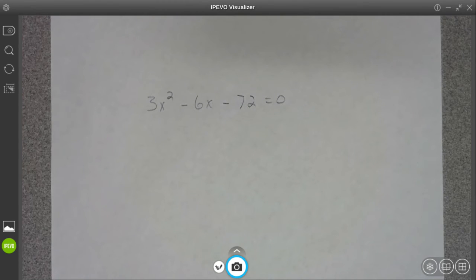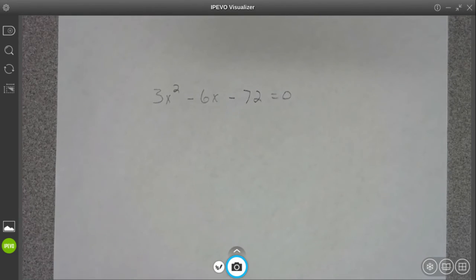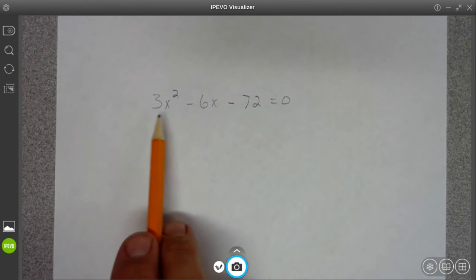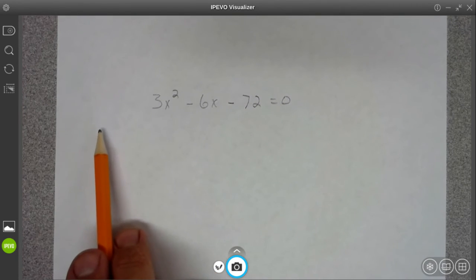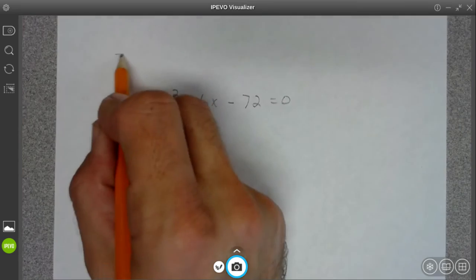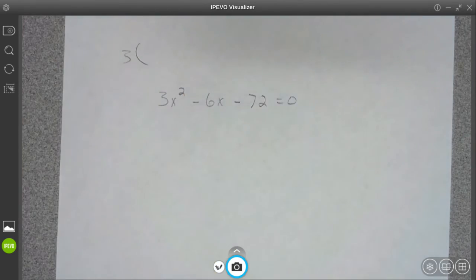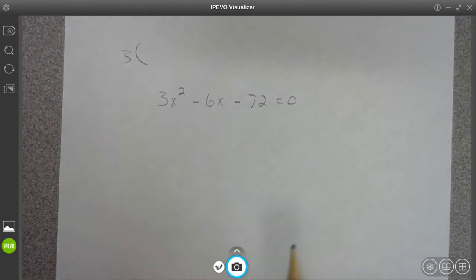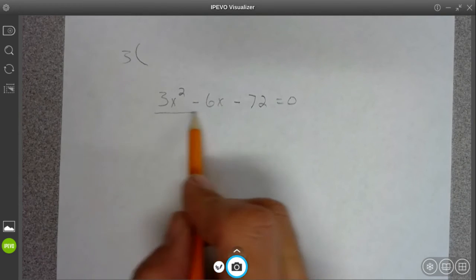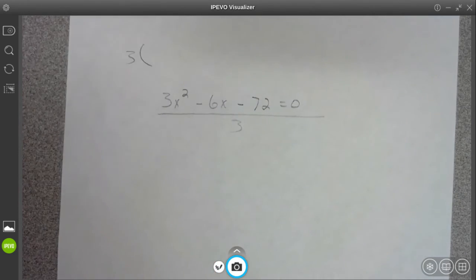So anyway, for this one, I noticed that 3 goes into all those, but because this is an equation, we don't actually have to factor out a 3 like we have before, where we put the 3 on the outside and then fill in the blanks. Because it's an equation, we can just divide everything by 3.